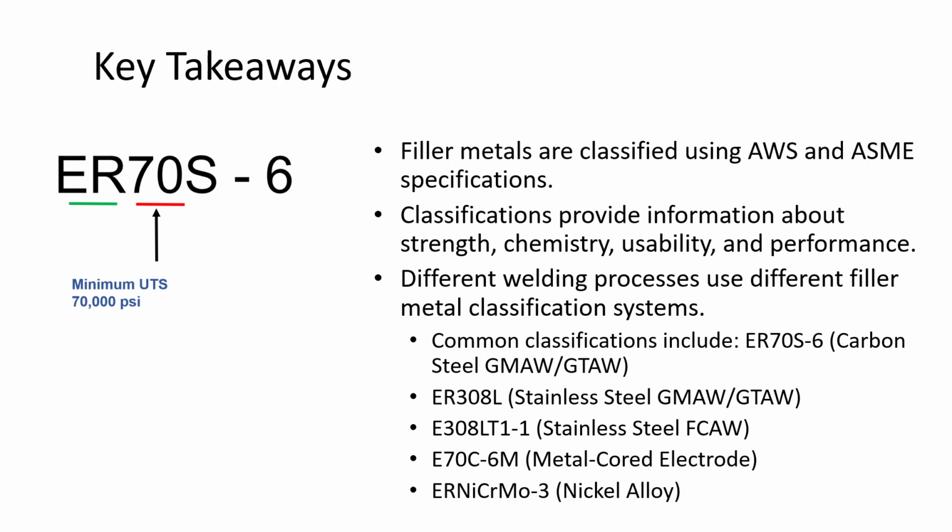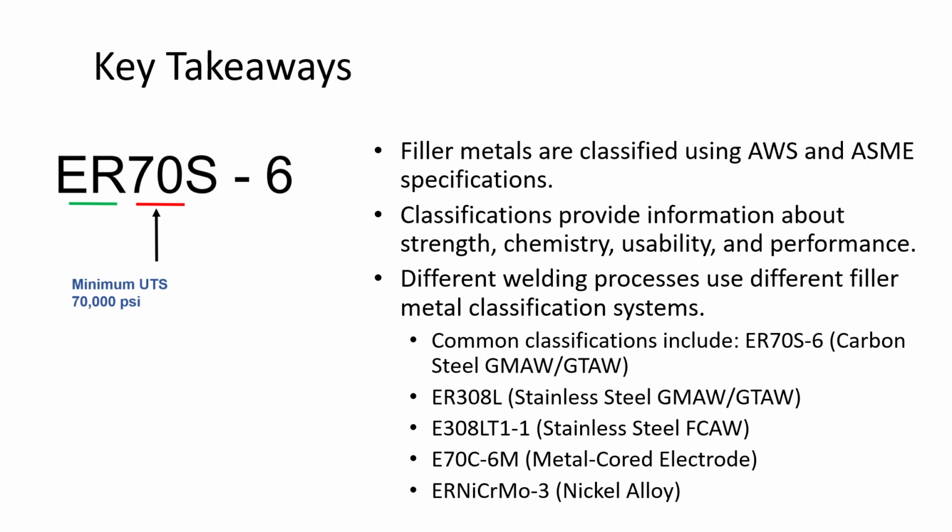And we've got a whole laundry list of different welding processes that use different filler metal classification systems. For gas metal arc welding and gas tungsten arc welding, it's the same classification system. The product just comes in different forms. For gas metal arc welding, it comes in a spool, and for gas tungsten arc welding, it comes in cut lengths.